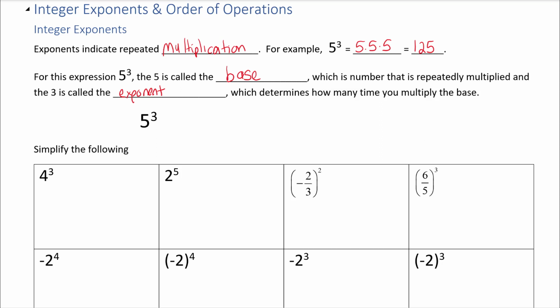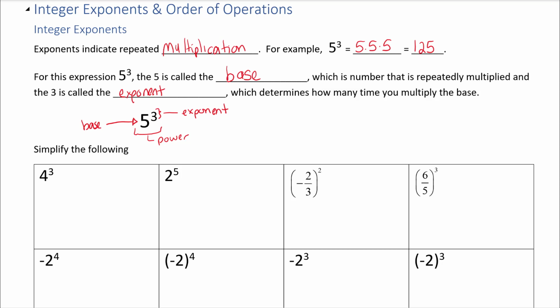So the 5, we said, is the base. The 3 up here is the exponent. And the whole thing is called a power. Although sometimes some books or some people use the word power for the exponent 3. Technically, the 3 is the exponent. The whole thing is technically the power.